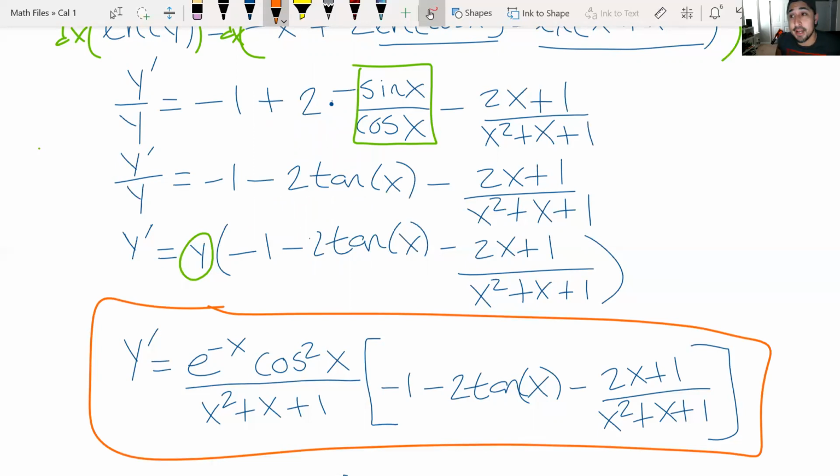It's ugly, but it's easier to do with logarithms. Okay? All right, logs are your friends.